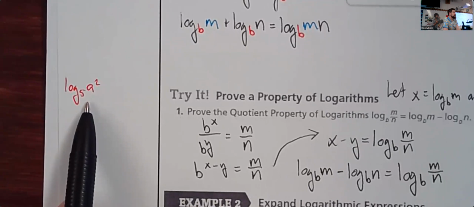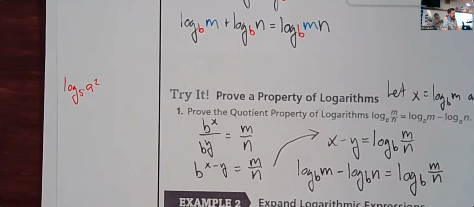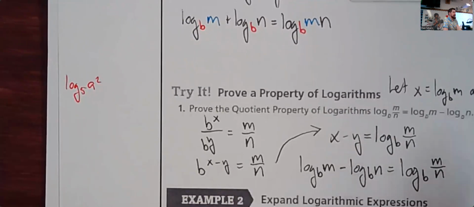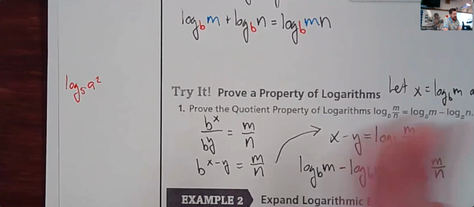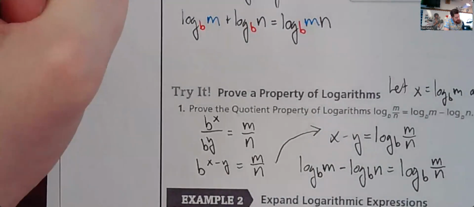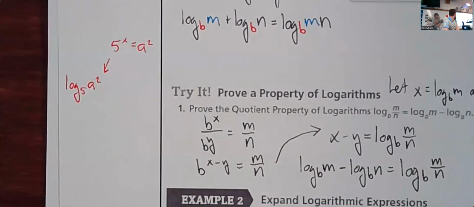What's our base? 5, okay. We don't know the exponent, so that's what we'd be figuring out. So that would be x. And that would equal a squared. So it'd be like 5 to the x power equals a squared, right? That's basically what that would be. So this would be 5 to the x equals a squared.